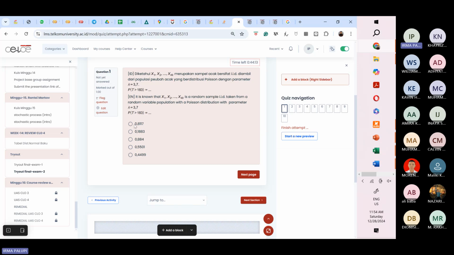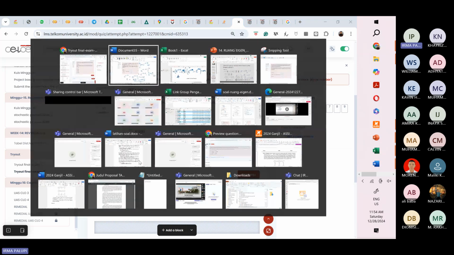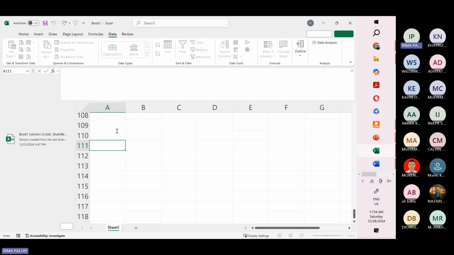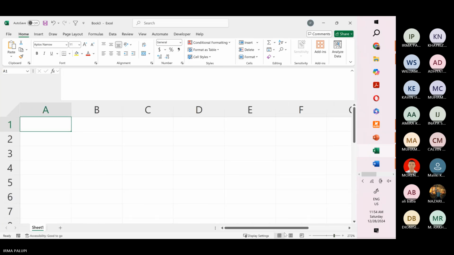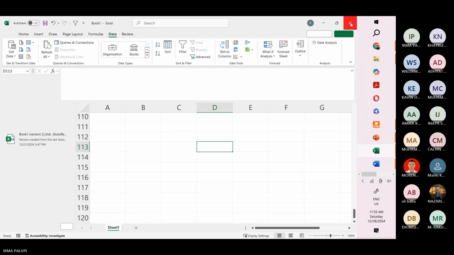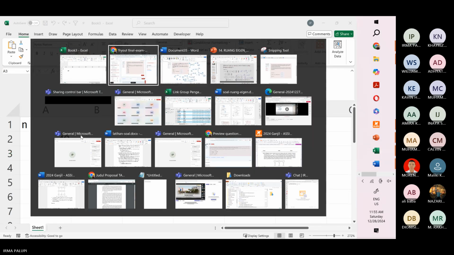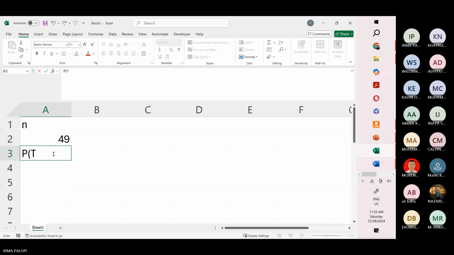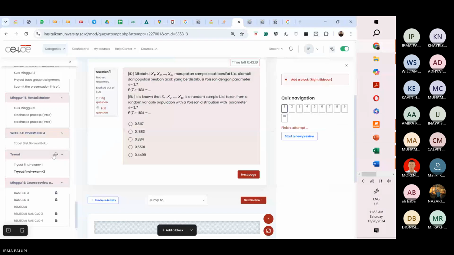So both variance and mean have the same value. What we want to know here is the probability that the total sample is greater than 183. So the number of samples is 49, and with Poisson, we want to find the probability of greater than 18.